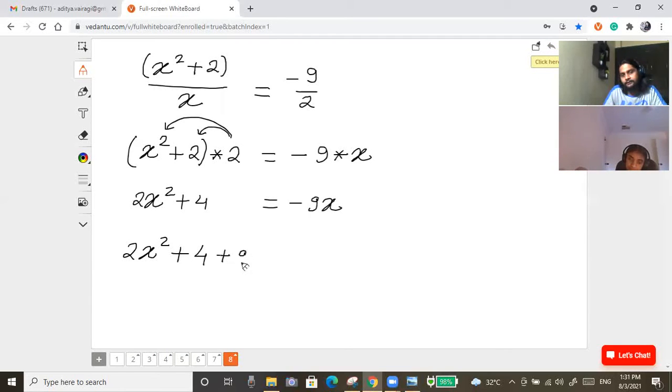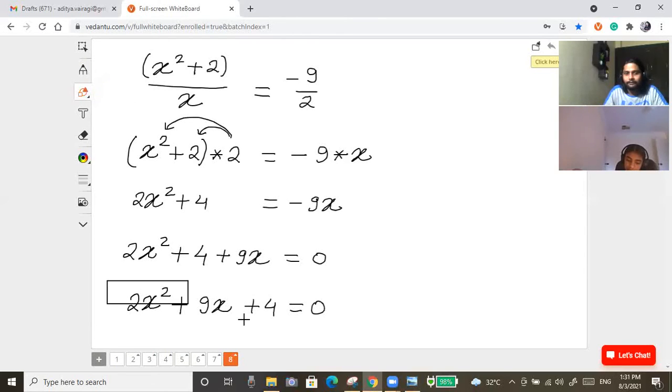Because the standard form is ax squared plus bx plus c, first we keep the squared term, then the bx term, that is 9x, and then the constant term, that is c. Is it okay?